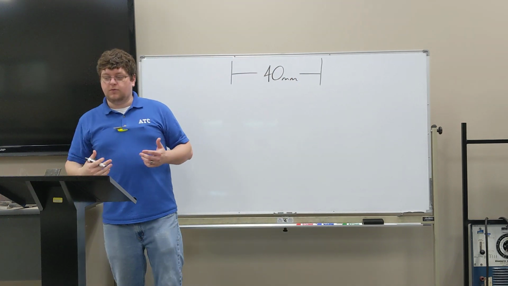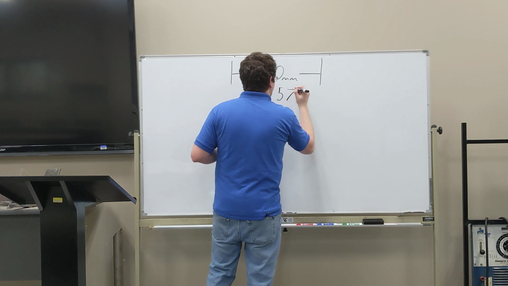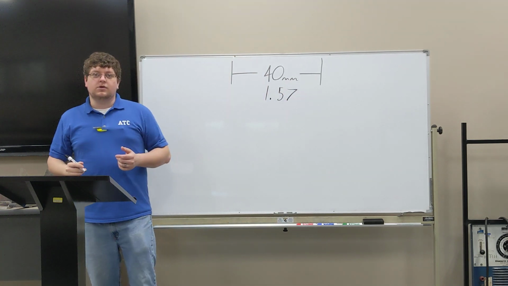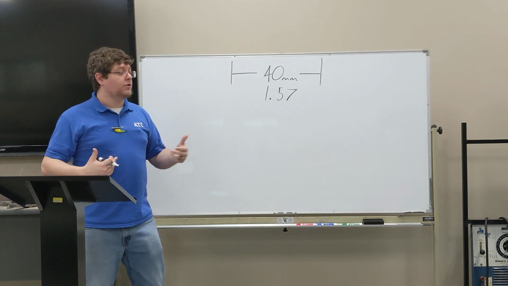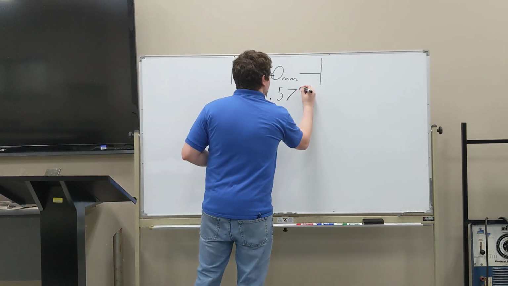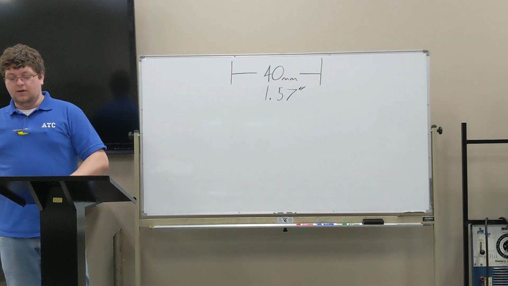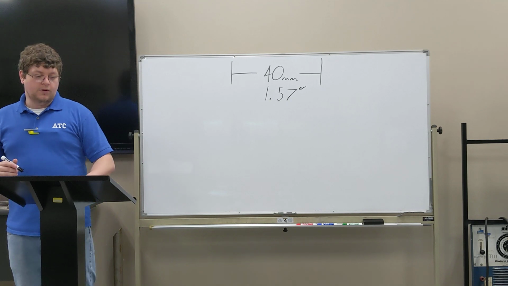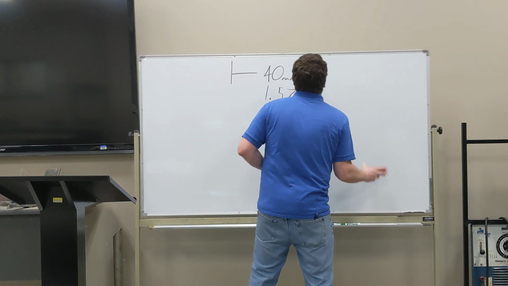Well, your equivalent would be about 1.57. So if you know metric, you have that, and if you know imperial, you have 1.57. That way most people can read each side. So the first thing is how you read them and how you can work them together.